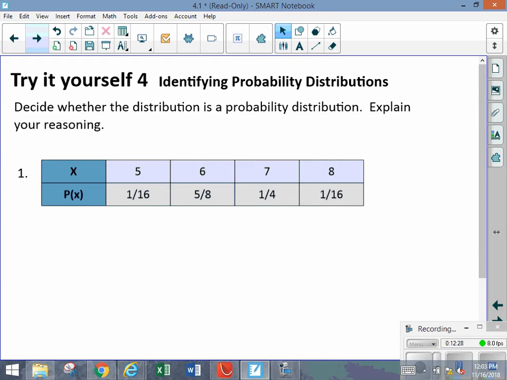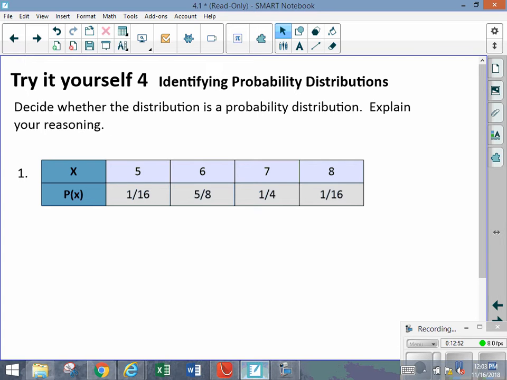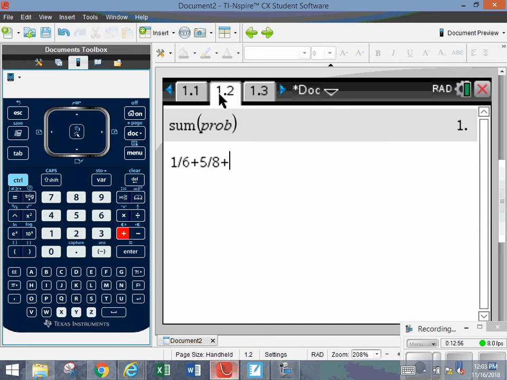So let's see. Is this a probability distribution? Let's get out our calculator. First of all, are any of these greater than 1? Nope. All right. Well, let's put in our calculator and see if we can add 1/6, and the next one was 1/4 and 1/16.